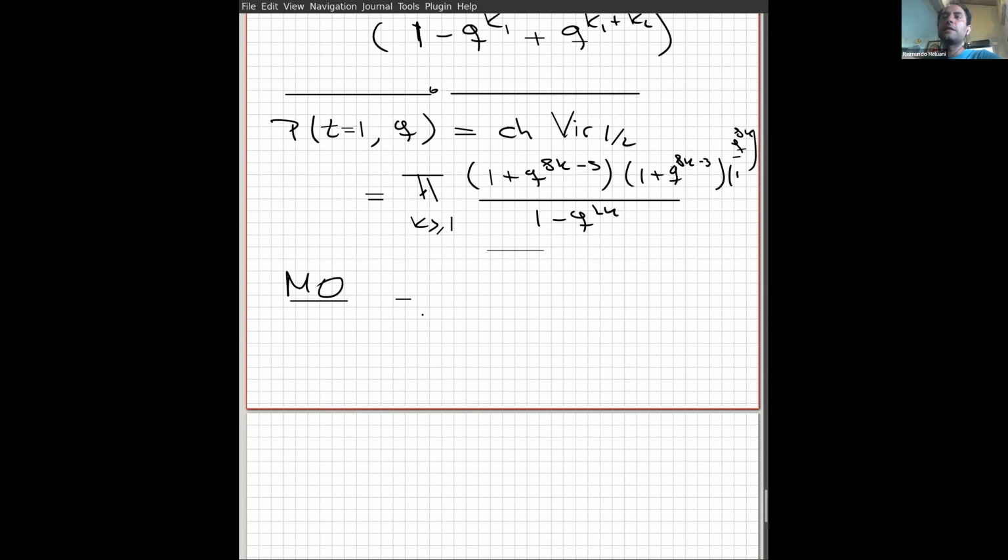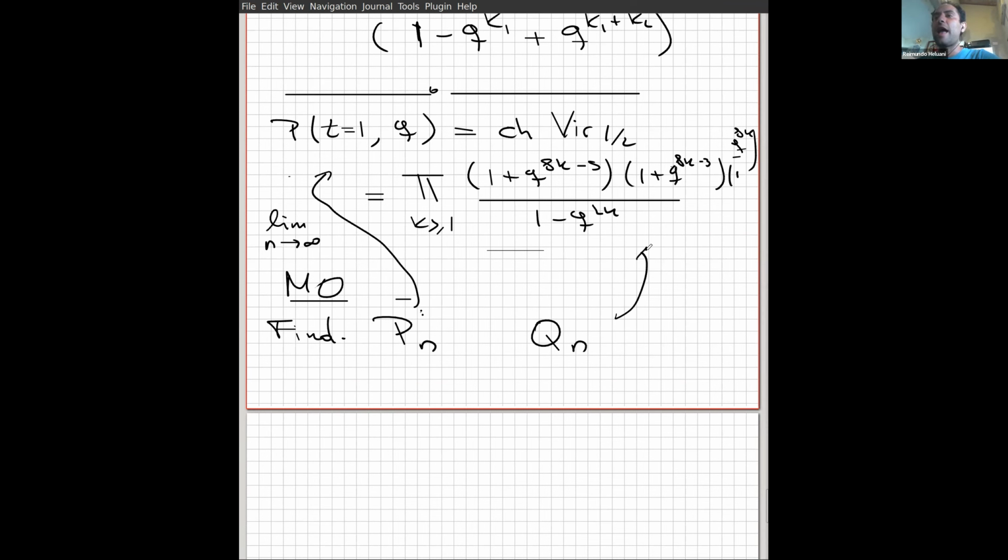So what you do is you find polynomials Pn and Qn, so these are polynomials, no power series, such that the limit as n goes to infinity of Pn is this, and the limit as n goes to infinity of Qn is this, and Pn is equal to Qn.